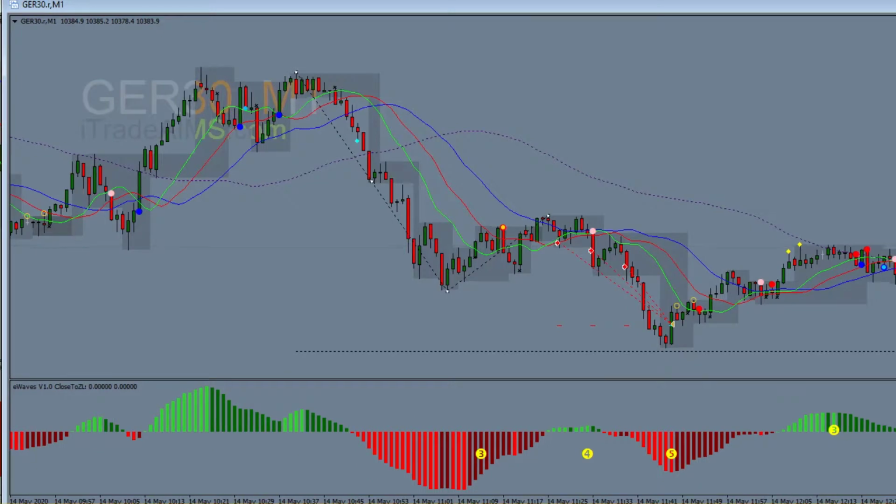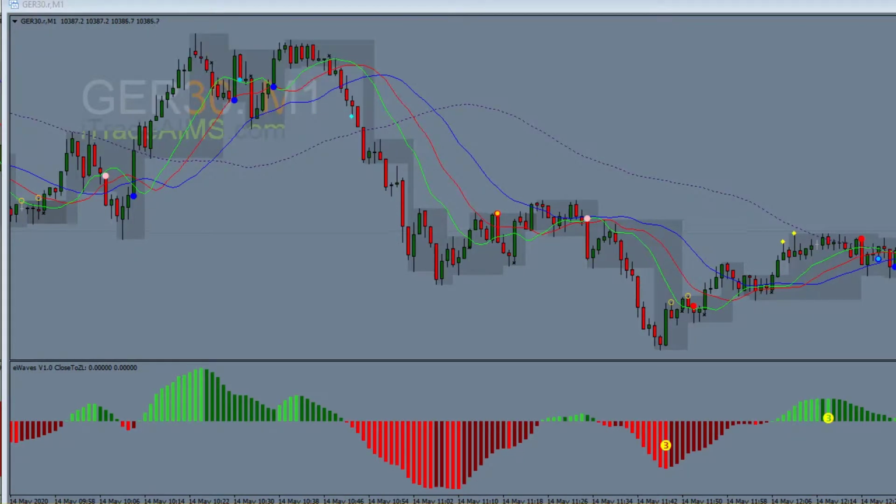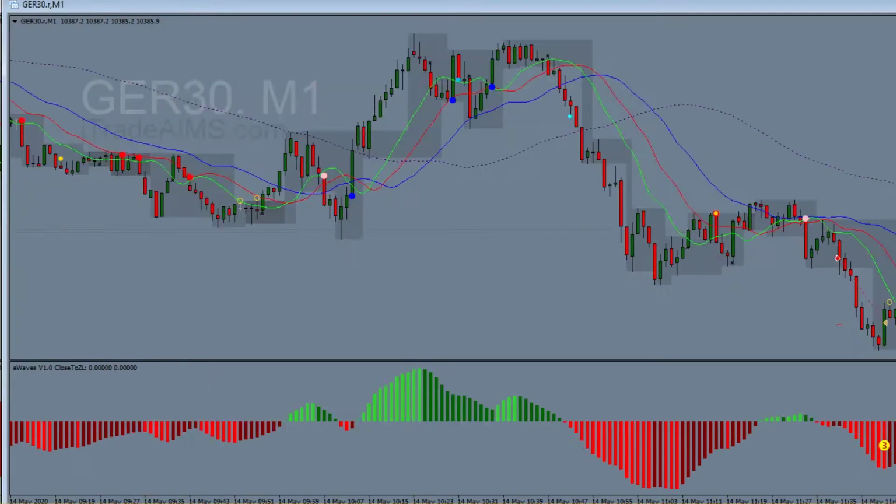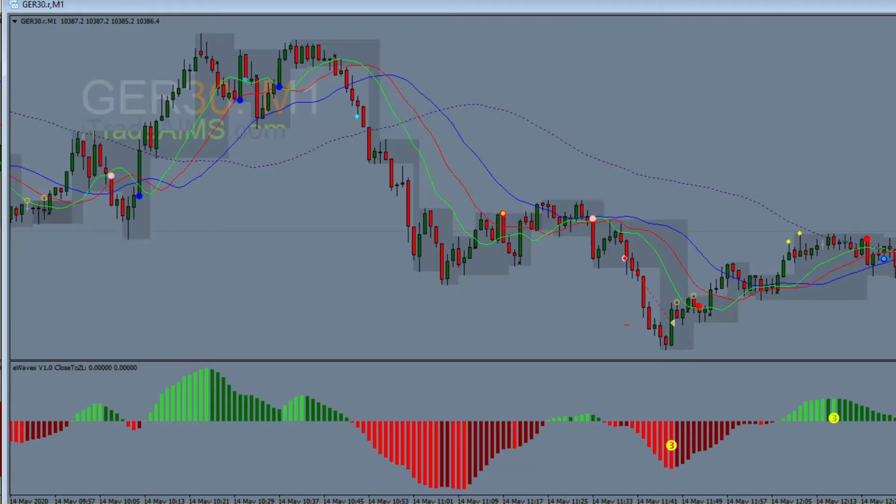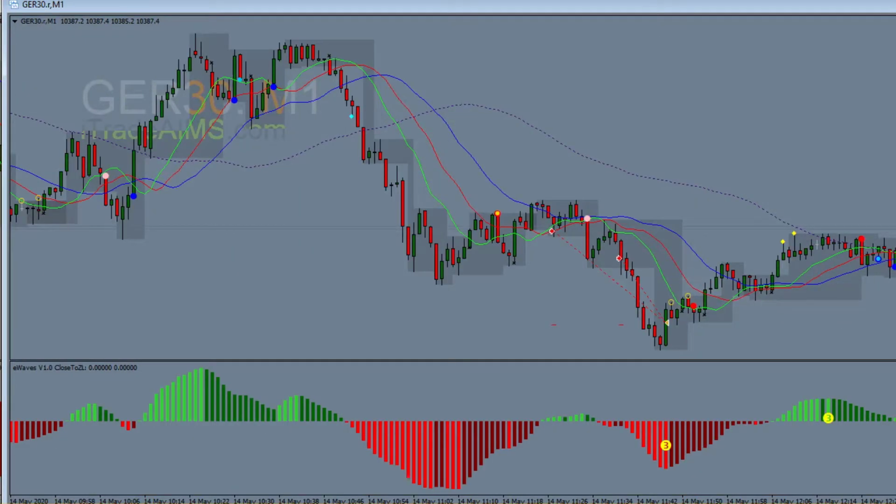Yep, that's it. This is the MT4 chart. That's where we entered. Let me just refresh the chart. So this is how the chart was. I'm going to drag and drop from history. That's the second entry. That's the first entry.